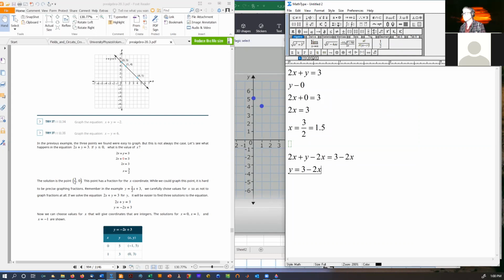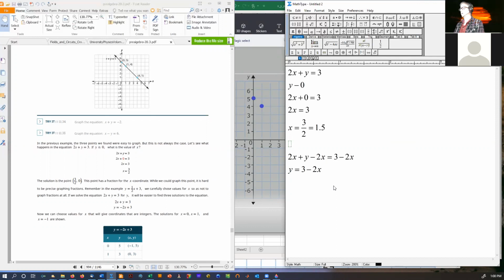So for example, did I do this right? 2x plus y equals 3. Yeah. Okay, they've just got it written wrong here in the book.